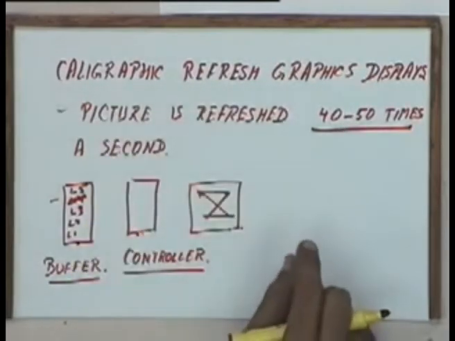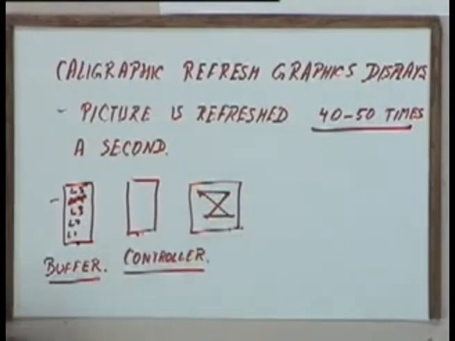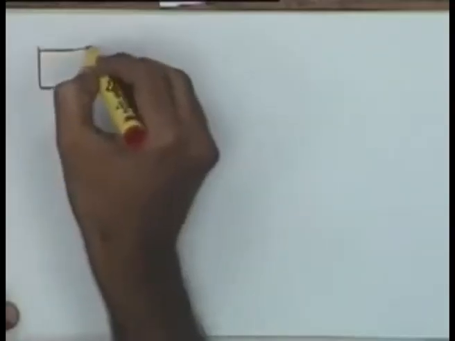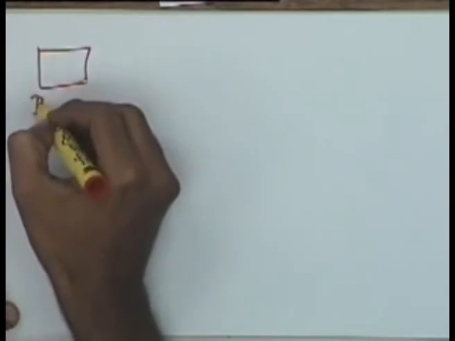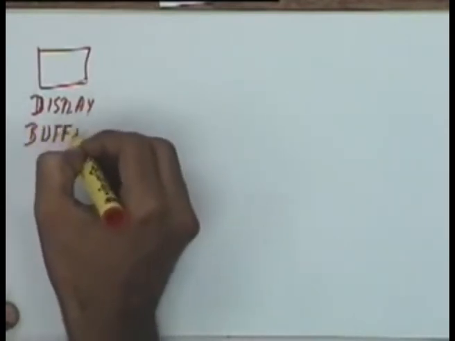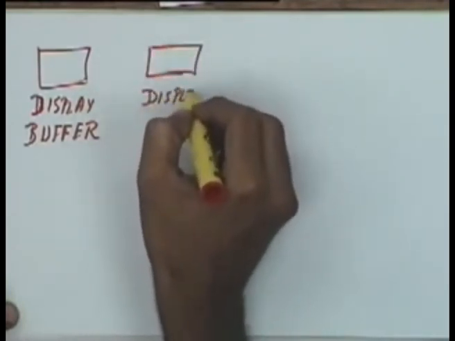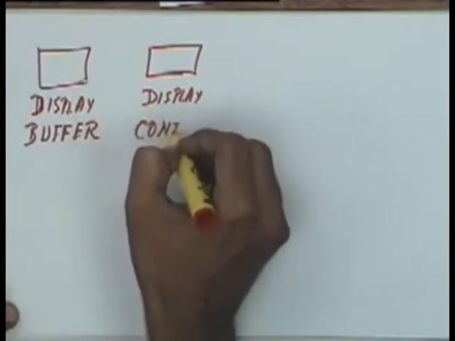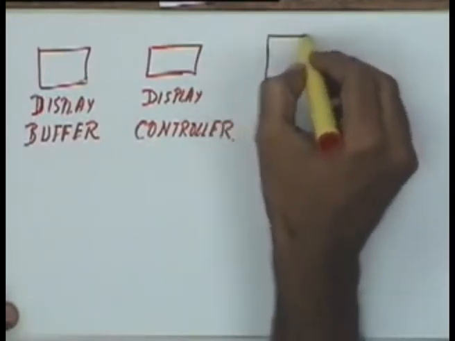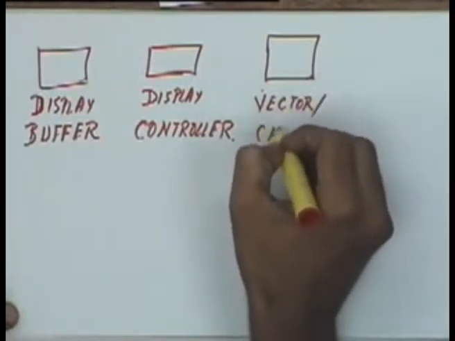So these are called calligraphic refresh graphics displays. Essentially the way they are working is, we have a display buffer, followed by a display controller, and this is followed by what is called a vector or character generator.